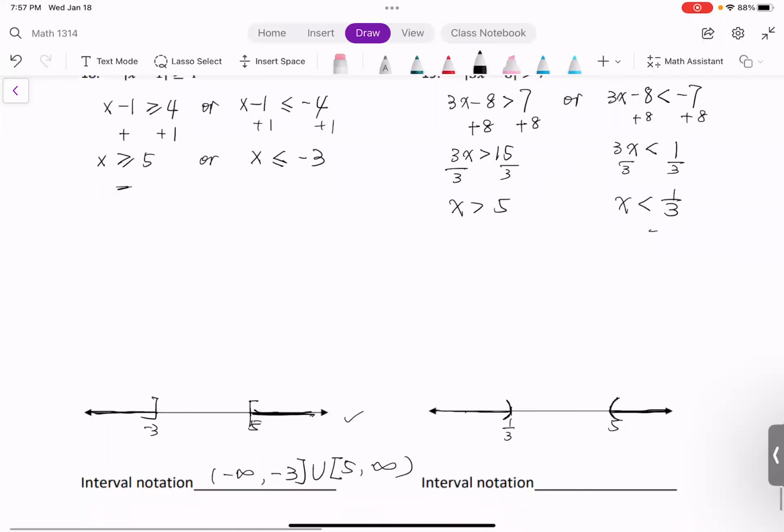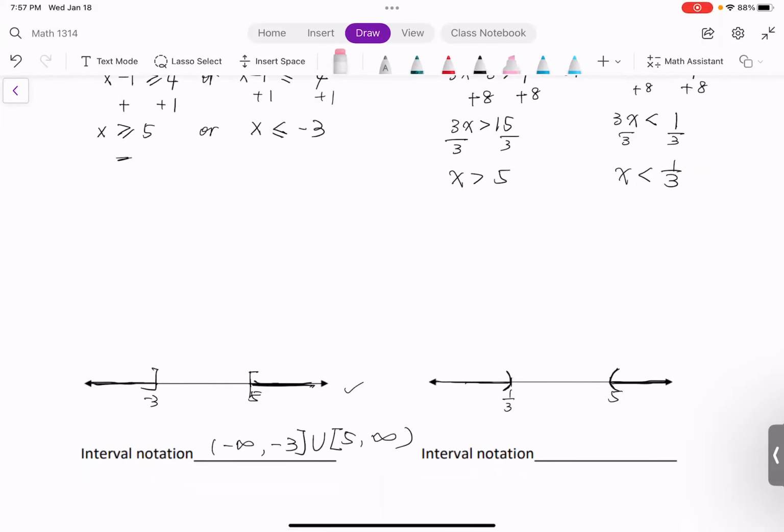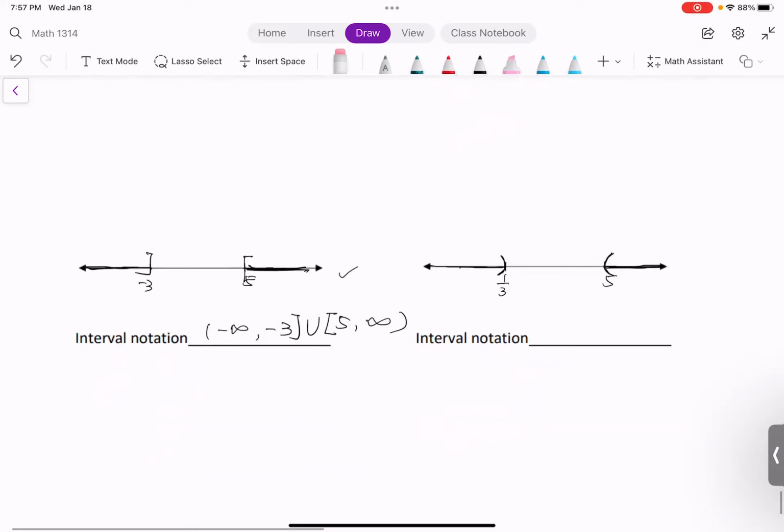And we have parentheses because these two numbers are not included. For the interval notation, it is from -infinity to 1/3, union 5 to +infinity.